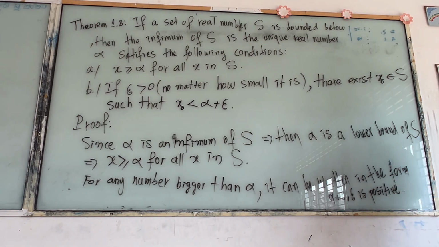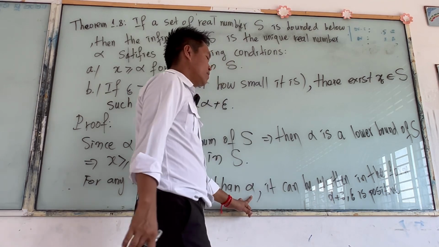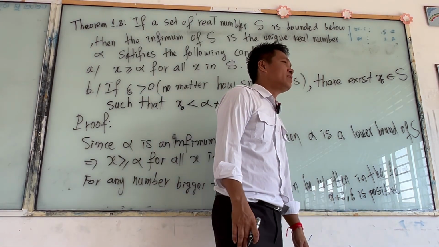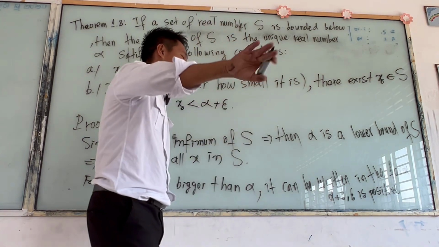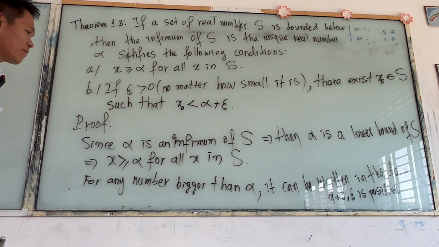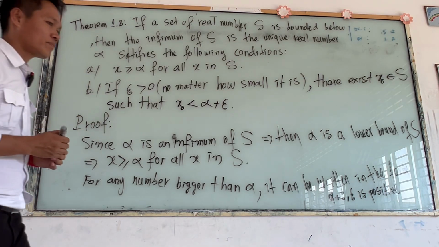Yeah, exactly, this is true. So any number that is bigger than alpha can be written in the form alpha plus epsilon.